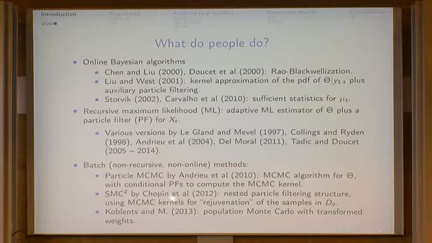But this sequential Monte Carlo algorithm is not strictly recursive, because occasionally you may have to take the whole sequence of observations and run particle filters from scratch. And you can also design some population Monte Carlo algorithms to address this problem.